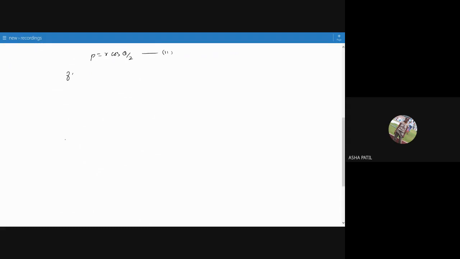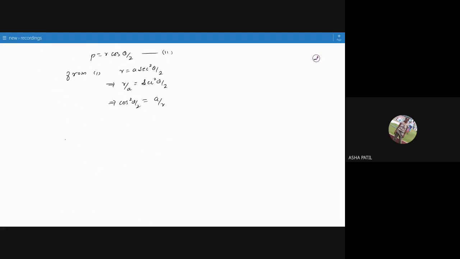From 1 we have r is equal to a secant square theta by 2. So this implies r by a is secant square theta by 2, and hence taking the reciprocal we have cos square theta by 2 is equal to a by r. If we write cos theta by 2, then we get root of a by r.